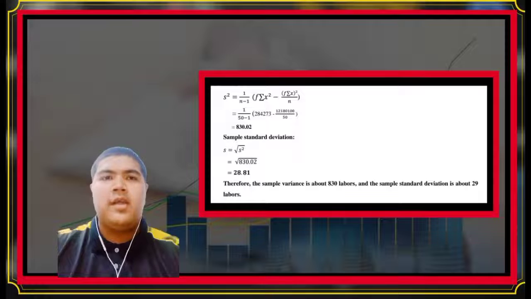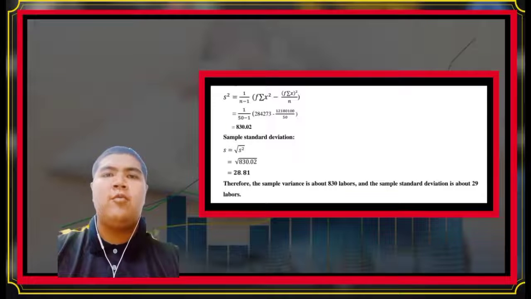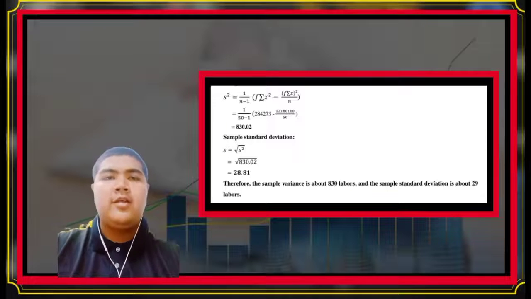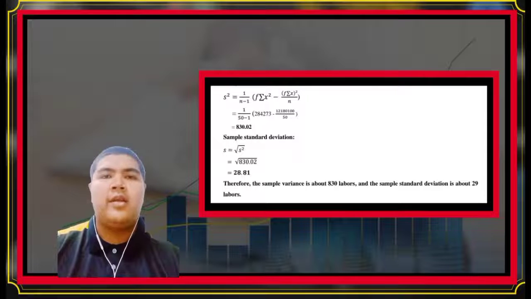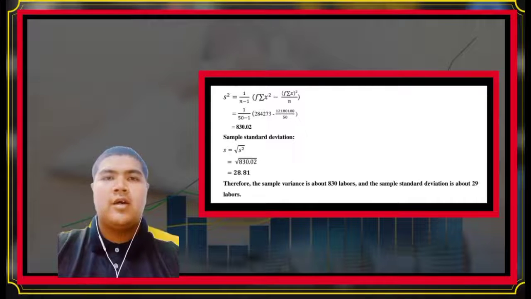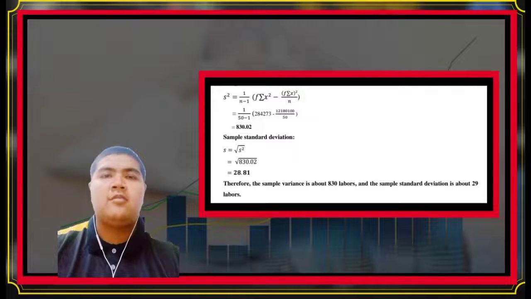The third column is X, which is the midpoint for the data class in column 1. To find the midpoint, you need to take the last data in one class and subtract the first data of the same class. So, at the first class, we take 36 minus 22 and you will get 14.